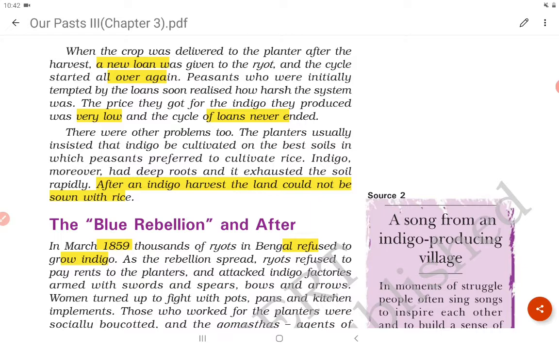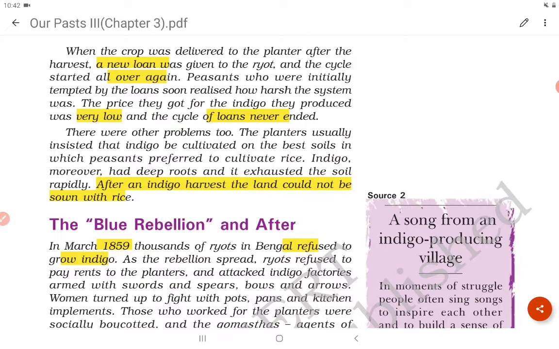Peasants who were initially tempted by the loan soon realized how harsh the system was. The price they got for the indigo they produced was very low, and the cycle of loans never ended. After an indigo harvest, the land could not be sown with rice.